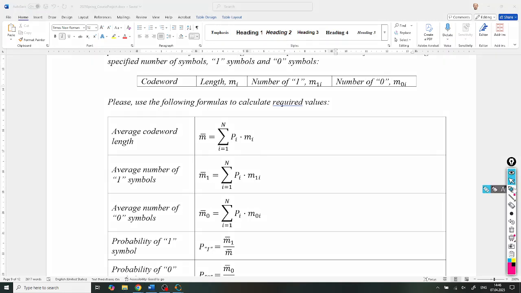Yes, so in normal entropy here, we were having log2 of the probability. Now, after we did coding, there is a specific length of that symbol, no longer related to this probability, and also the minus sign is gone. So this is basically the same formula. In the same way, we estimate also the average number of ones per symbol and the average number of zeros.